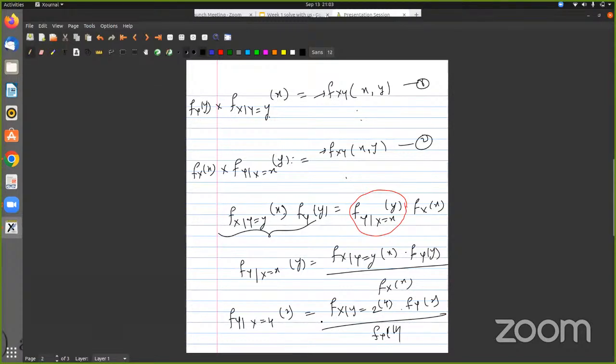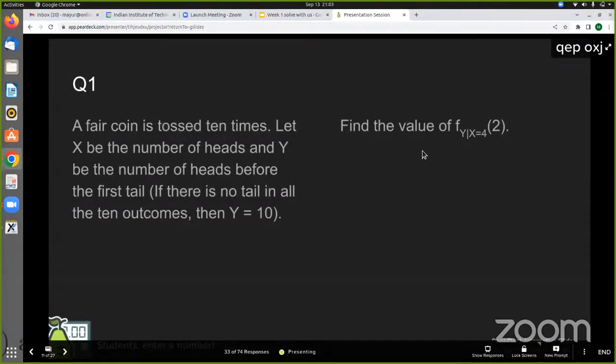If you remember, we have already found out each of these values in prelude 1, prelude 2 and prelude 3. So by just substituting these three values here, we'll find the value of f_{Y|X=4}(2).